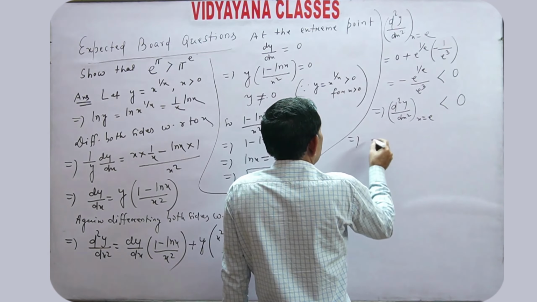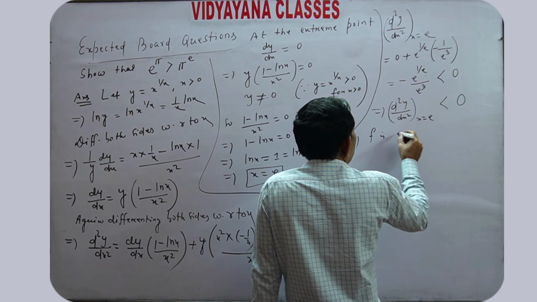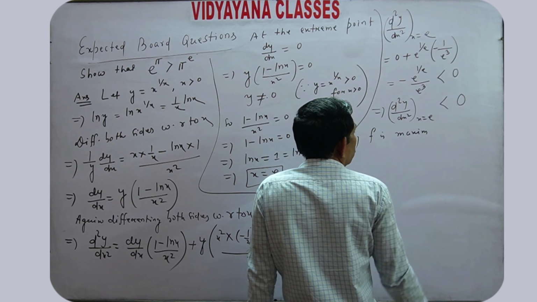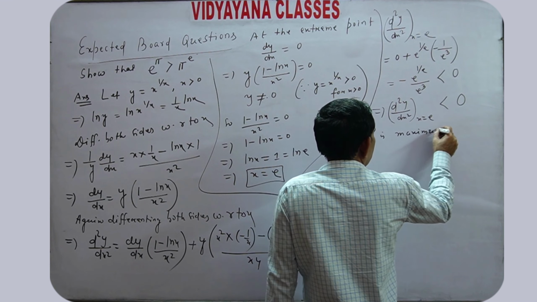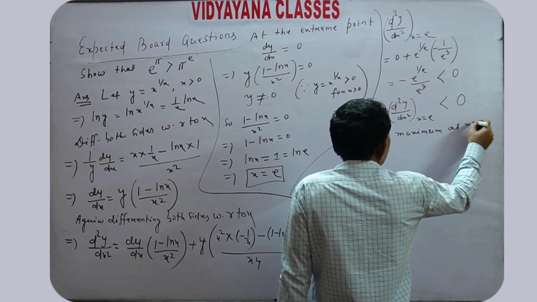Since the second derivative is less than 0, the function is maximum at x equal to e.